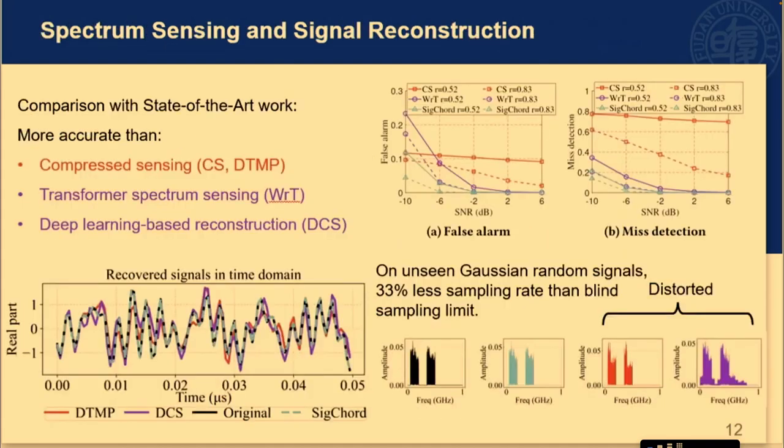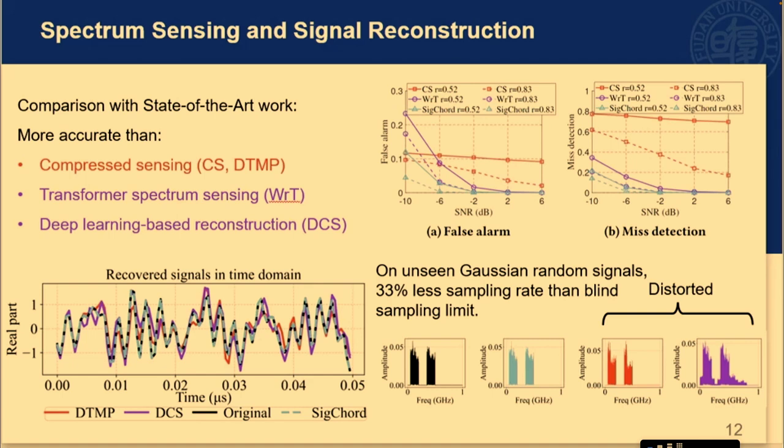Moving on to the experimental results of these parts, as you can see in the top right figures, SignalsforTerrestrial shows much lower error rates compared to compressed sensing and transformer-based sorter methods across all SNRs.